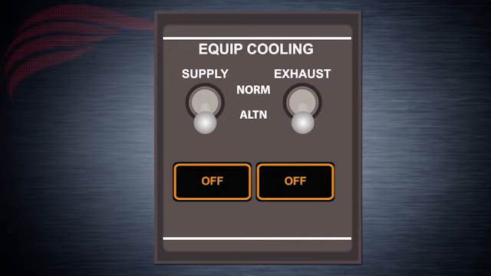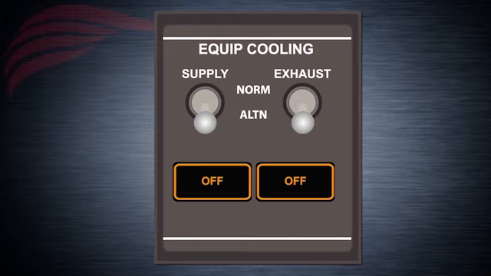This light comes on to alert that there is little or no airflow from the selected fan for either supply or exhaust. When the off light comes on for both fans, the airplane electrical systems must be partly shut down to reduce the electric load and therefore bring the equipment temperature down.